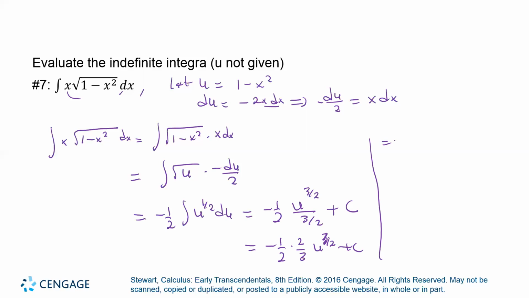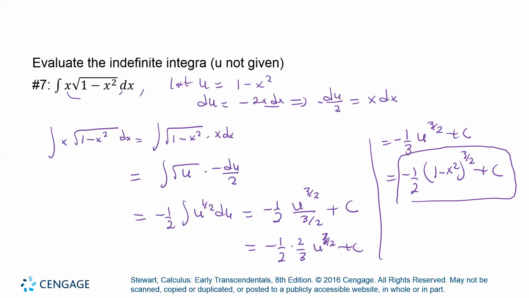So that is equal to minus 1/3 u to the 3 over 2 plus c. Well, what is u? Just plug it back. u is 1 minus x squared, raised to 3 over 2, plus c. So that is my general antiderivative.